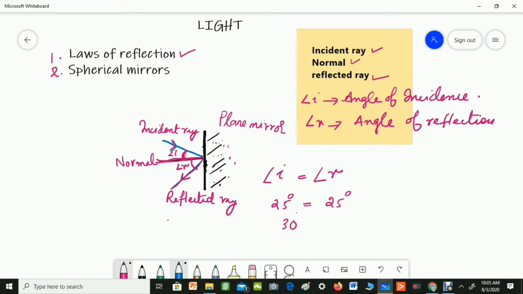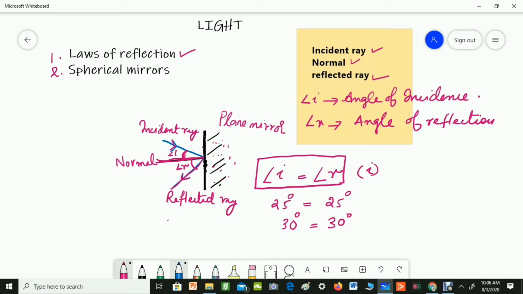If it is 30 degrees, then angle R also will be 30 degrees. So this is the first law of reflection. The angle of incidence is equal to the angle of reflection.